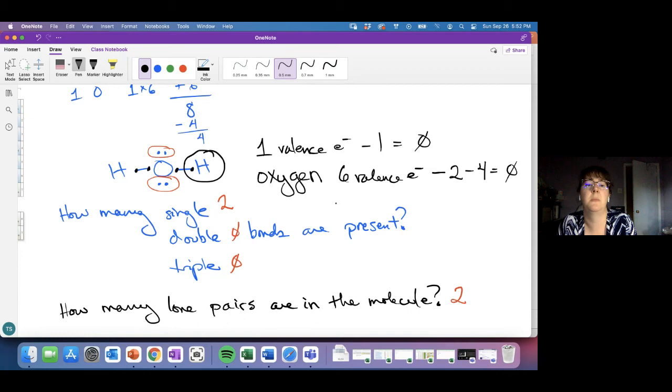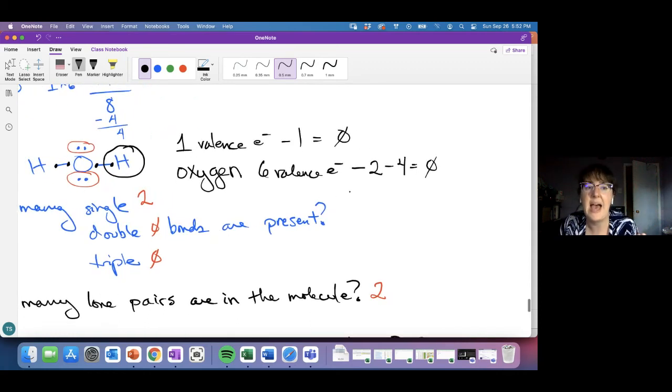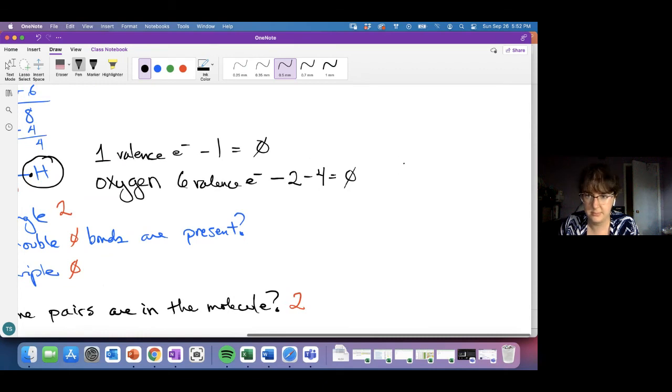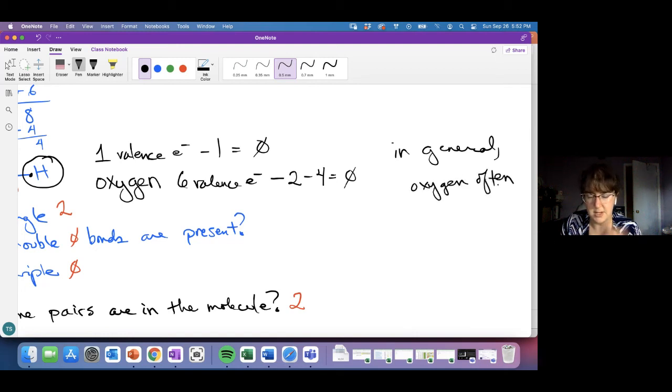So oxygen oftentimes has those 2 lone pairs. So in general, oxygen often, again, not always, but often, has 2 bonds and 2 lone pairs.